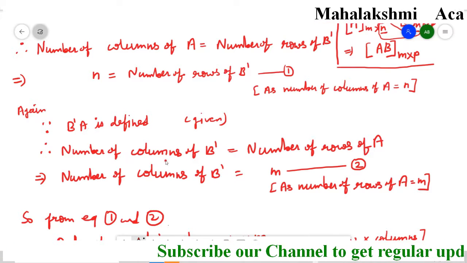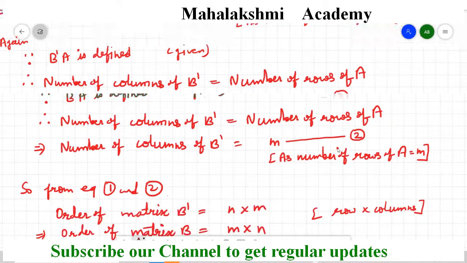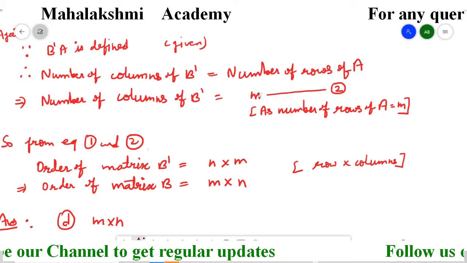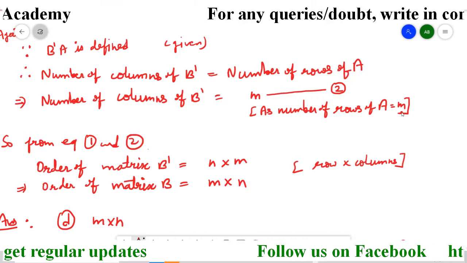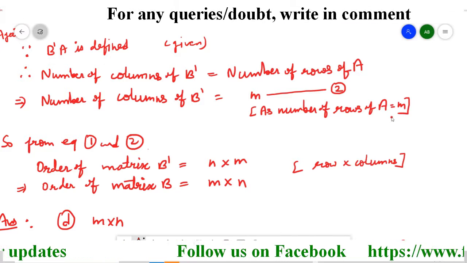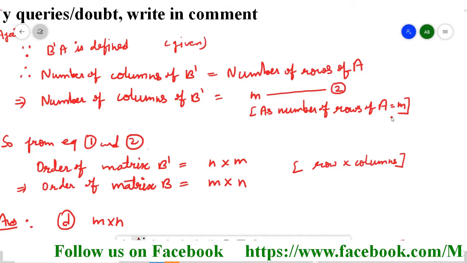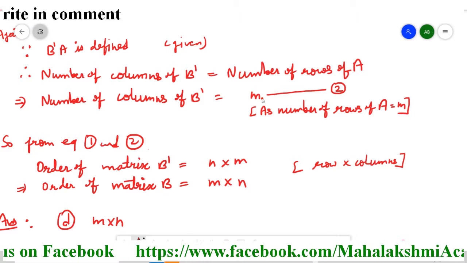So the number of columns of B transpose is equal to the number of rows of A. It is given that A is of order m cross n, so m is the row. So the number of rows of A is m, and instead of the number of rows of A, I wrote here m.